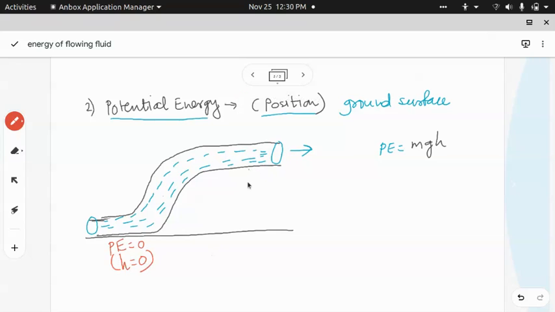But it is non-zero here, because the tube which carries the fluid or liquid through it is raised to some particular height.